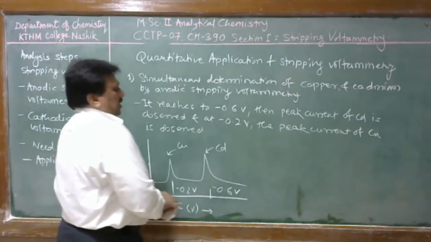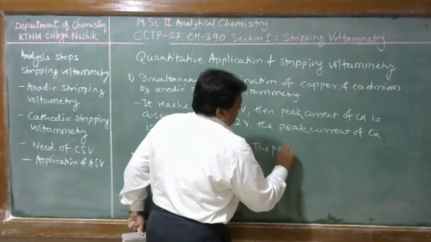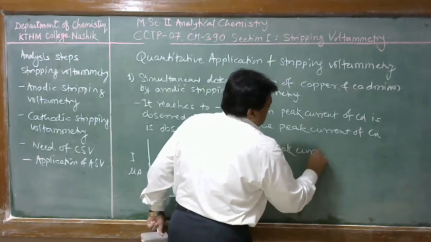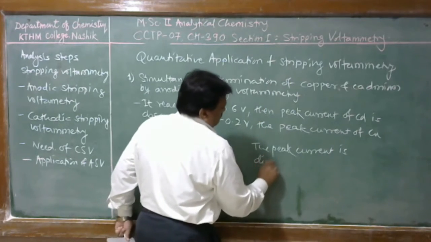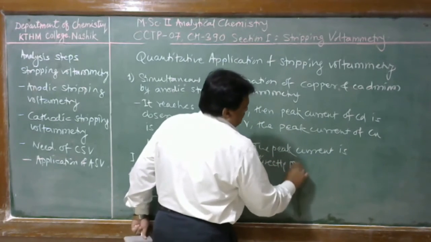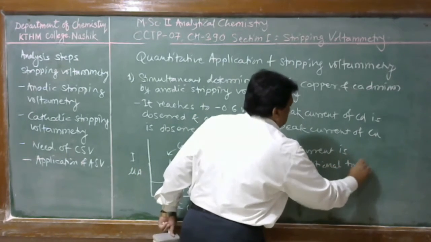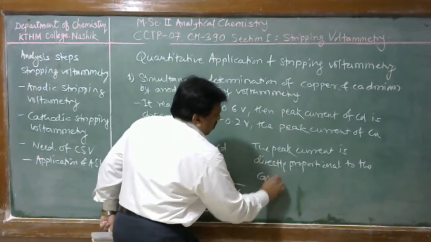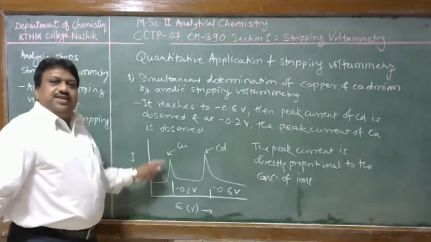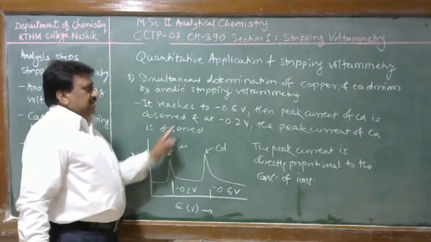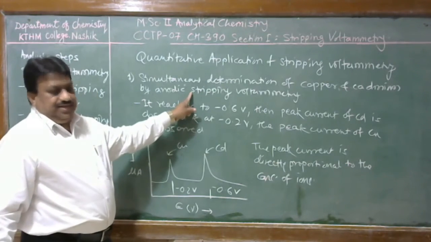The area under the curve or the peak current is directly proportional to the concentration of ions in the solution. In this way, we can determine copper and cadmium simultaneously in the mixture by anodic stripping voltammetry.